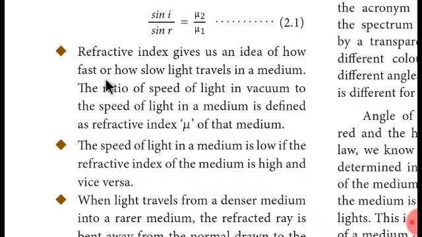Anyway, we need to know one thing: refractive index cannot be lesser than 1, because vacuum is the empty space we know till now, and in vacuum the refractive index is 1. So we won't find a refractive index lesser than 1. It will always be greater than 1.